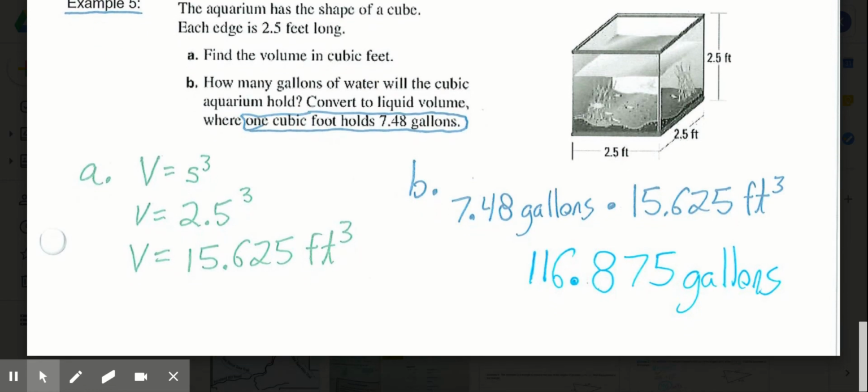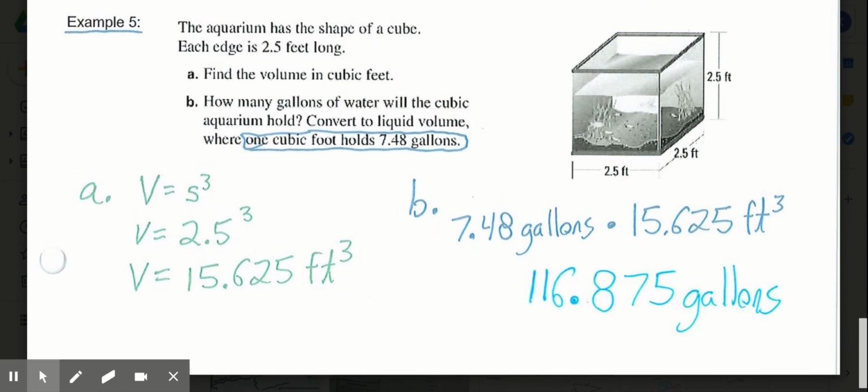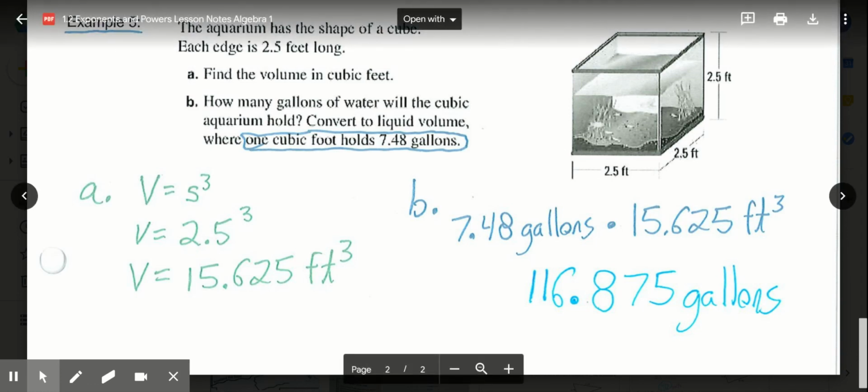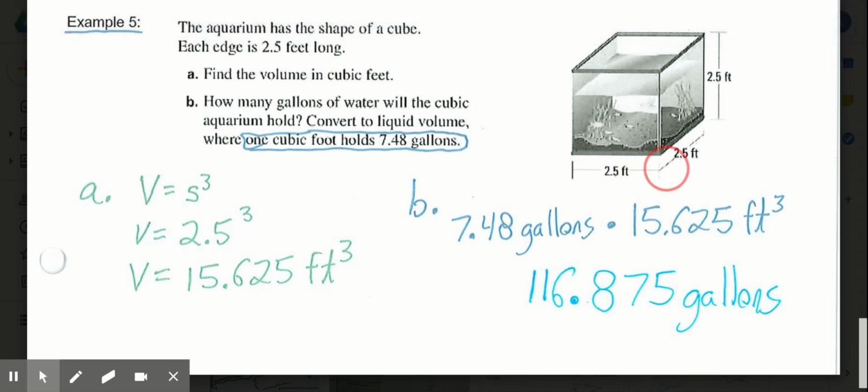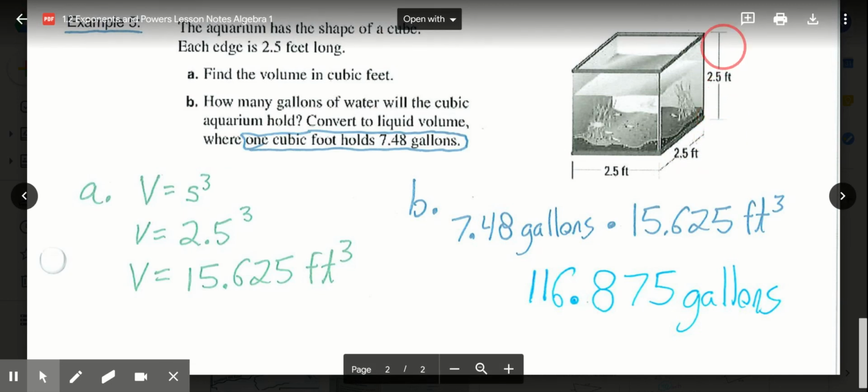And then we get to our final example for today. Obviously a word problem with a picture. So they tell us the aquarium has a shape of a cube. Each of the edges is 2.5 feet long. So 2.5 wide, 2.5 deep, and 2.5 tall. So the first part asks us, find the volume in cubic feet.